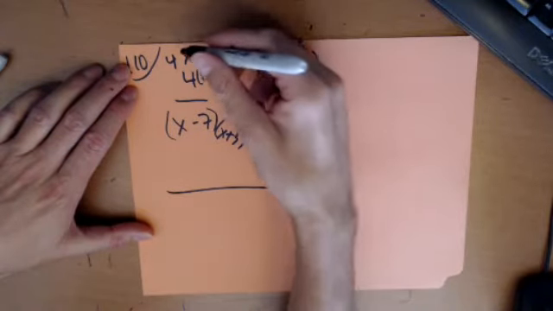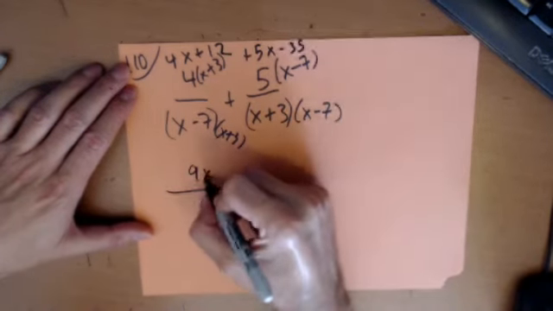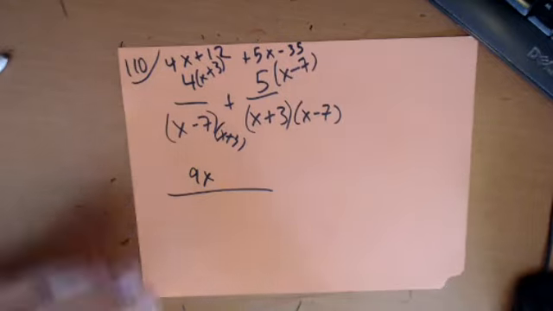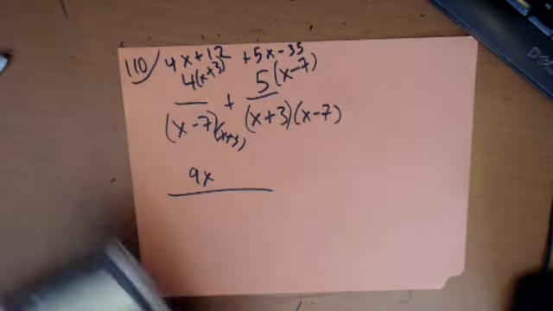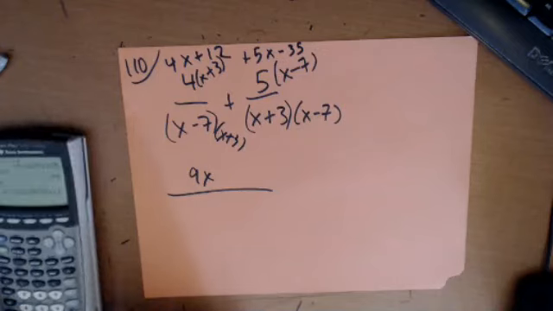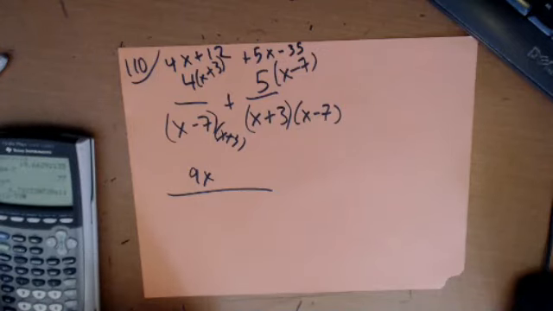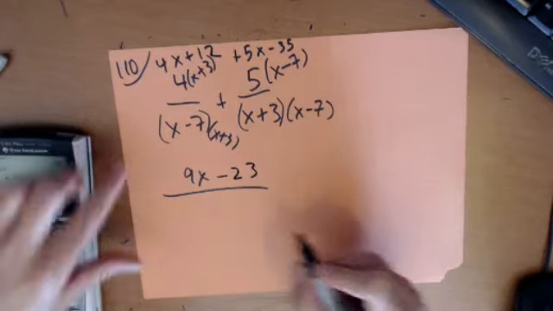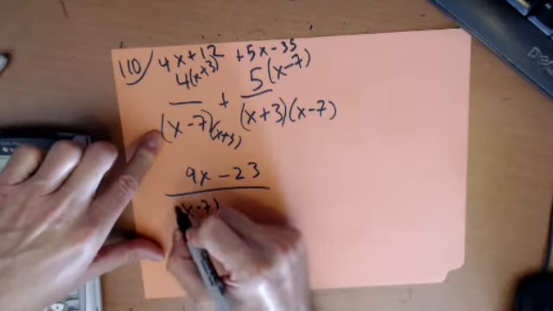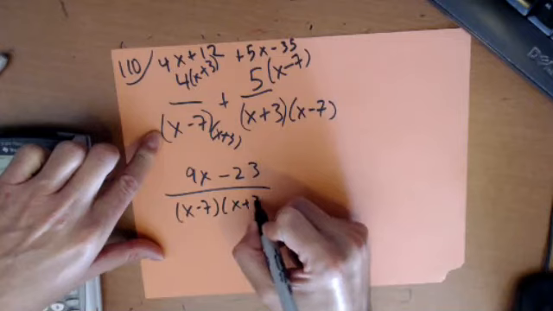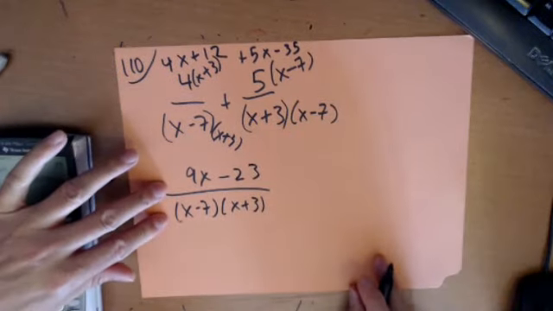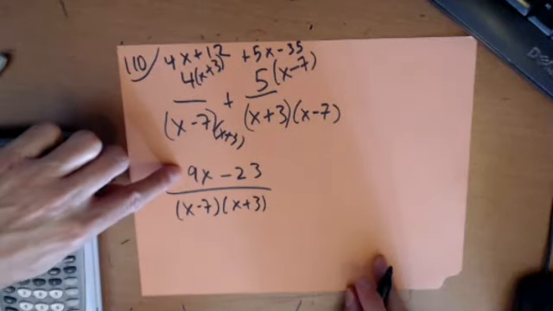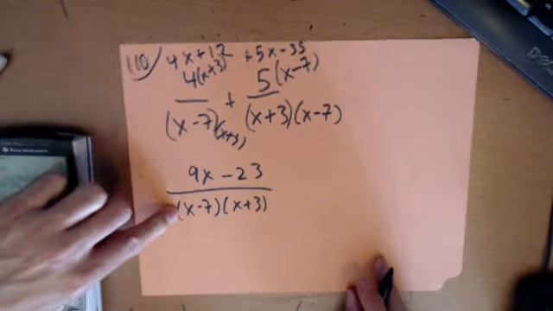So up top we have a 4x and a 5x is a 9x. 12 minus 35, minus 23. And on bottom is just that x minus 7 and that x plus 3. Now it looks like 7.1. Can I factor anything out? No. Cool, so I guess I'm done.